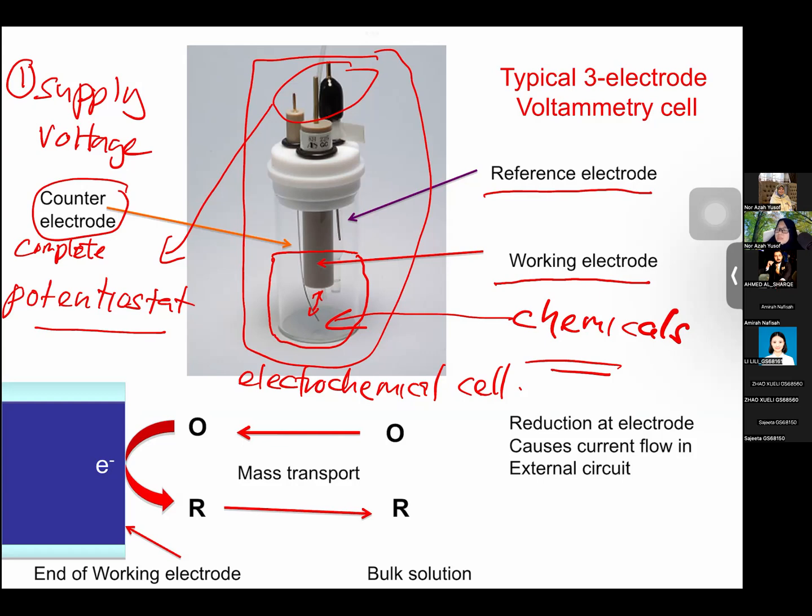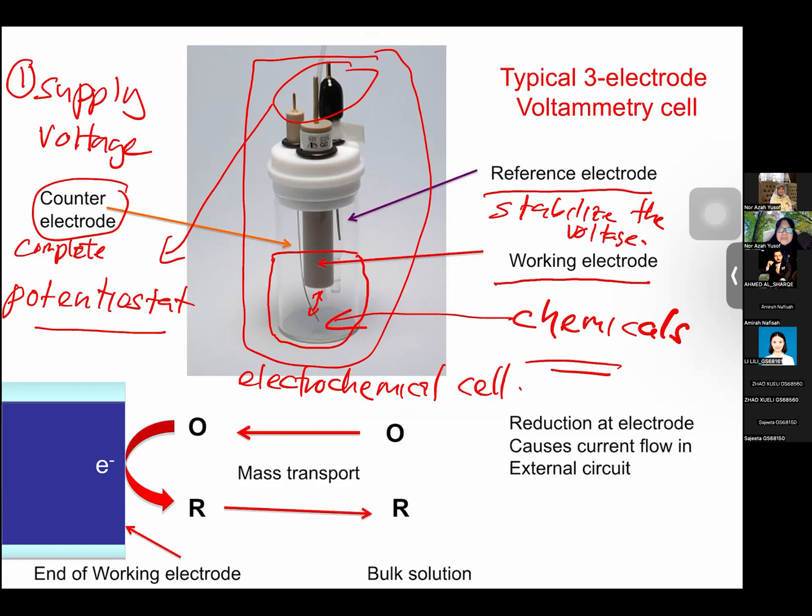Okay, so counter electrode is to complete the circuit, whereas the reference electrode, basically it will stabilize the voltage. If not, then you have fluctuated voltage.